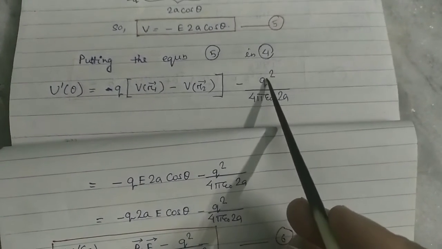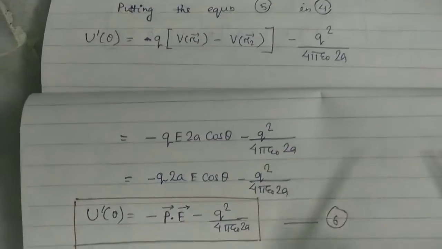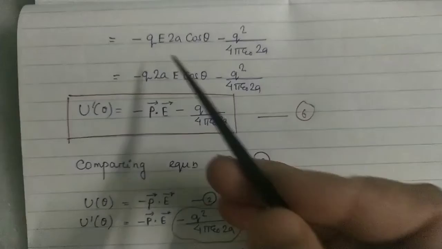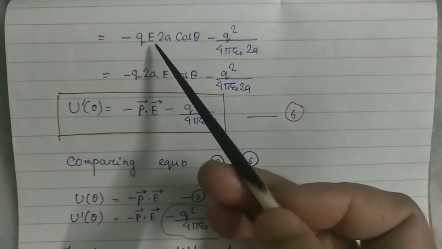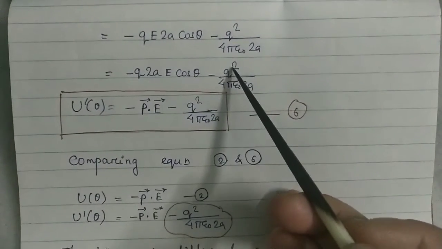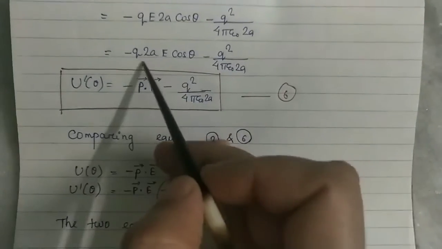Now what is the second term? Minus Q square by 4 pi epsilon naught 2A. We'll arrange it a little bit. So Q into 2A E cos theta, minus Q square divided by 4 pi epsilon naught 2A. And what is Q into 2A?